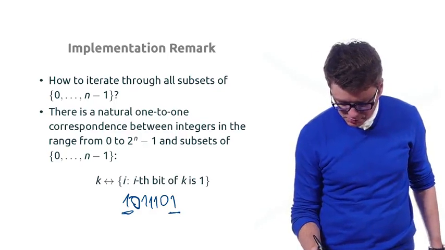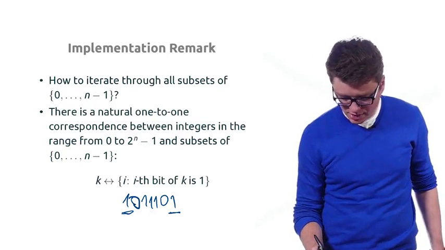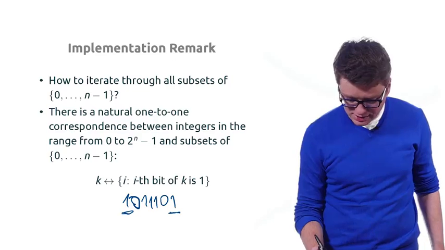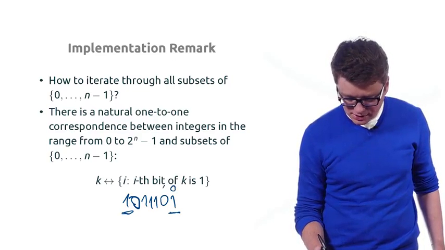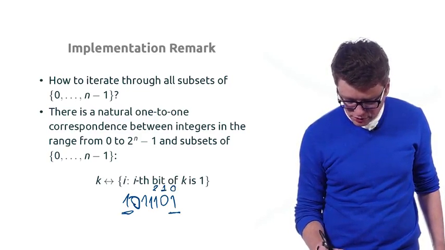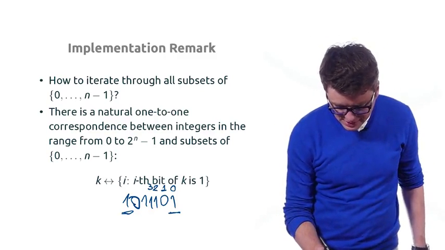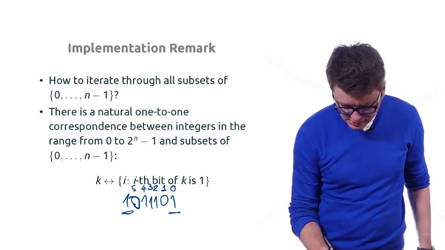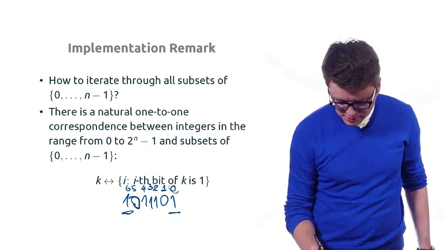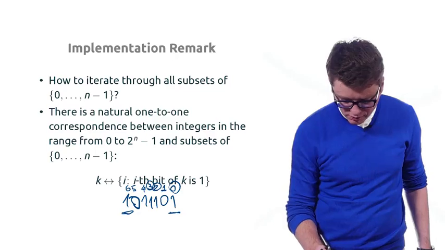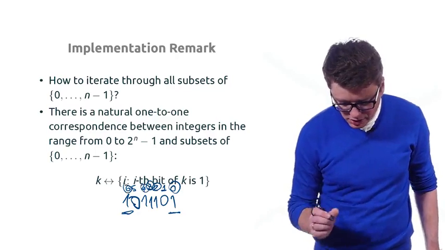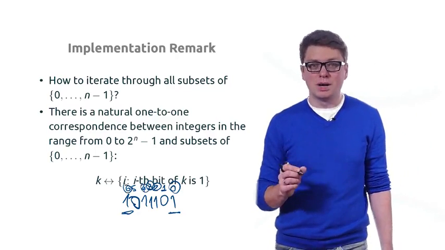So for example, recall that this is the least significant bit and its index is 0. The index of this element is 1, the index of this element is 2, and so on. So what is written here is a set that contains elements 0, 2, 3, 4, and 6, but does not contain elements 5 and 1.